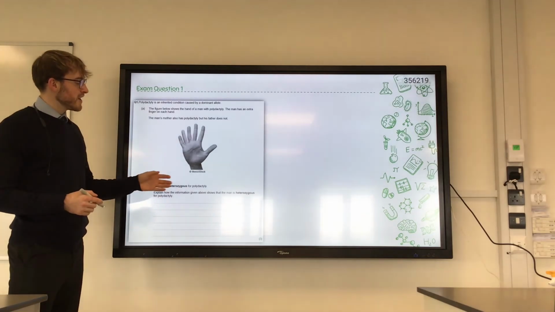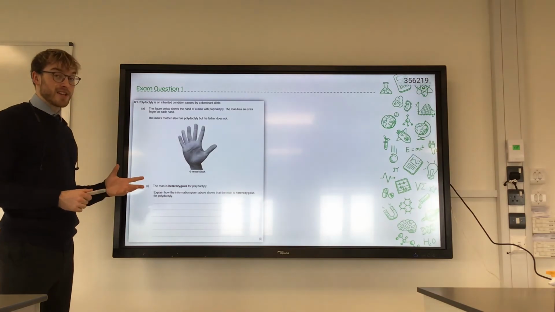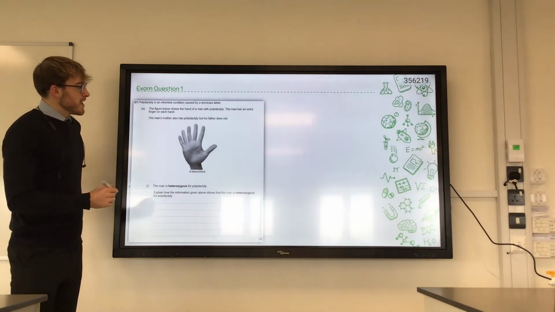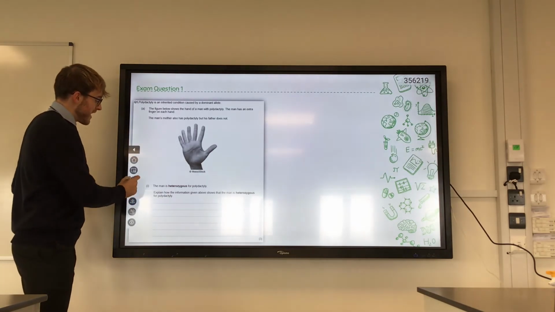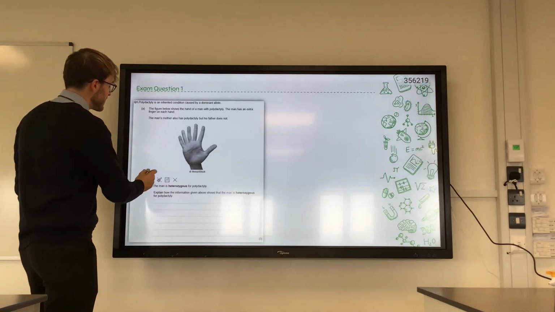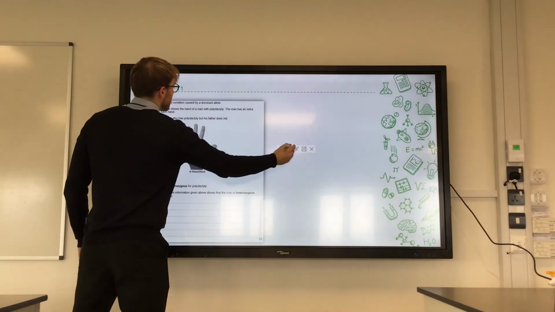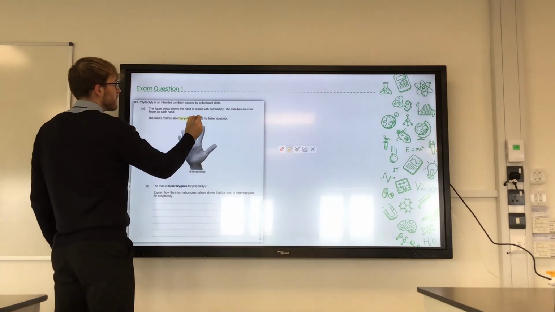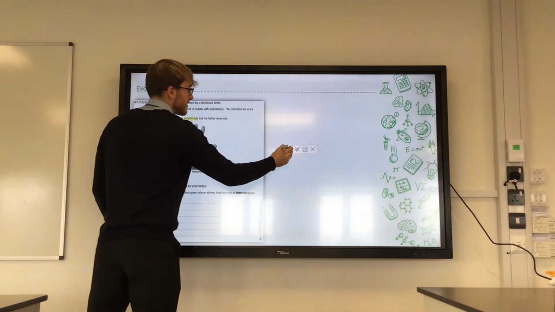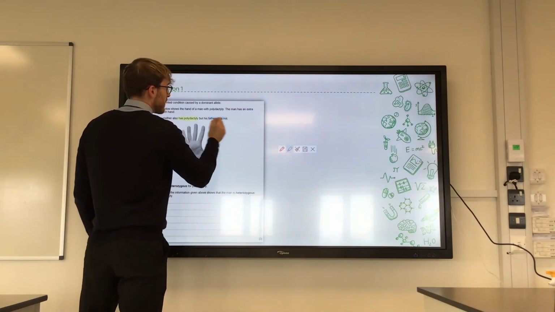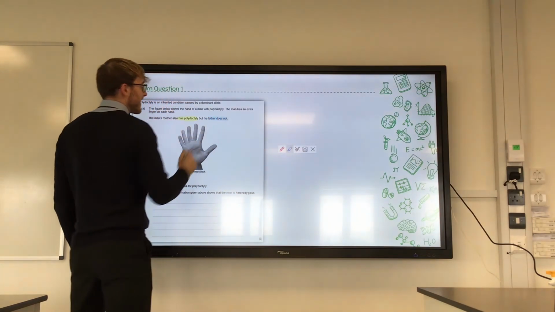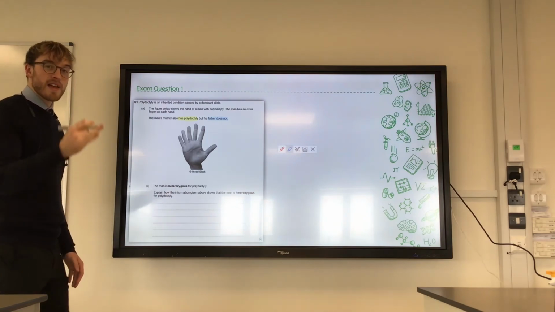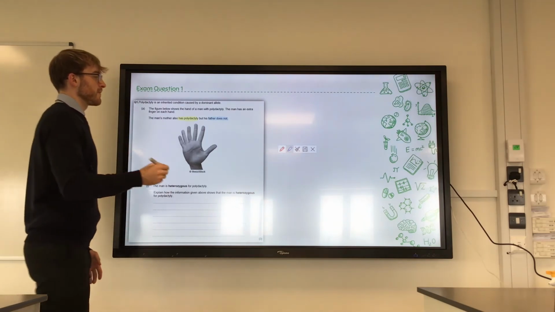Explain how the information given above shows that the man is heterozygous. So the information we need to look at here is his parents. It says that his mother has polydactyly, but his father does not. We need to work our way back, see what information we have, and then figure out why he's heterozygous.